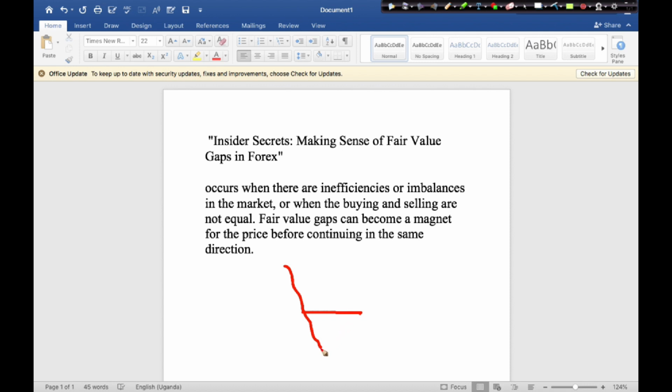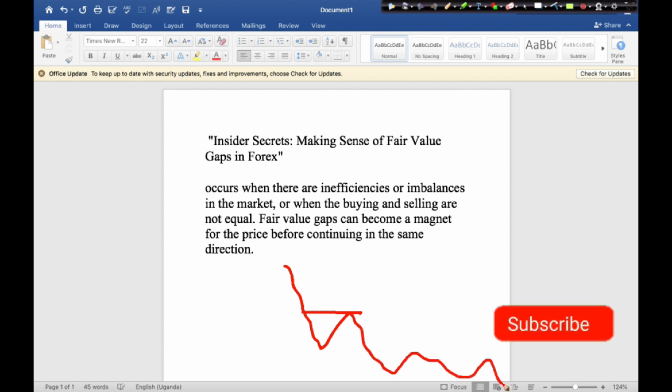In other words, it shows that this market has to first come back and fill this gap. The coming back and filling that gap is what we call a magnet. So it comes, it fills this gap, and then decides to continue wherever it was going.